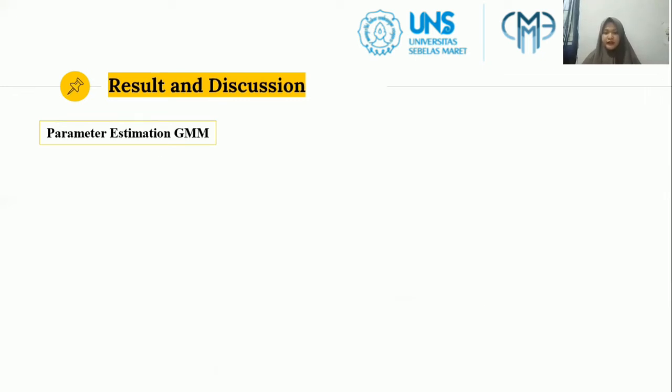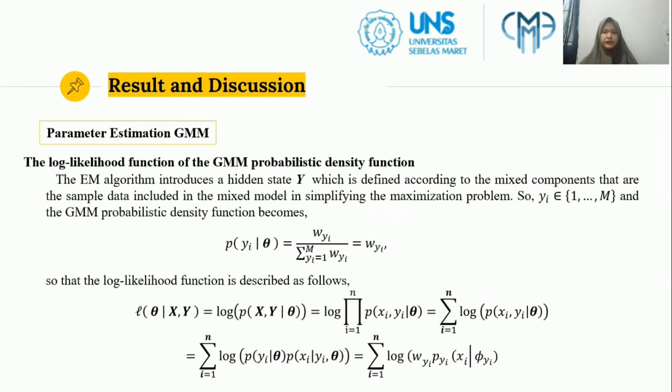The solution is that the EM algorithm introduces a hidden state Y, which is defined according to the mixed component that the sample data are included in the mixed model, simplifying the maximization problem. So the GMM probabilistic density function becomes like in this presentation, so that the log likelihood function is described as follows.